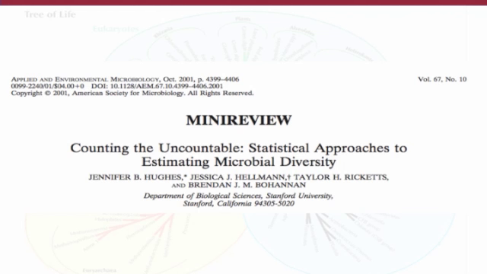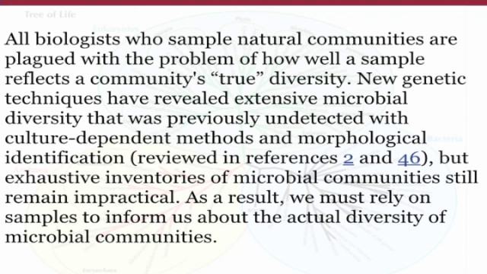And then the Hughes paper, I love this paper. I refer back to it all the time. And it really does lay out, I think, a lot of what you need to do in doing other types of ecological comparisons about communities.